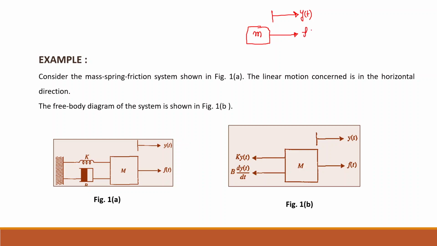The force applied is Ft, which is known as the inertial force. So here is the spring. It applies a force in this direction with the spring constant into the displacement yt. And another is the damper coefficient b, proportional to the speed, so dy by dt.